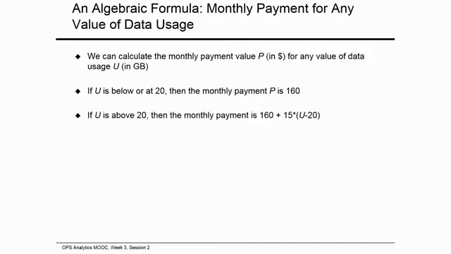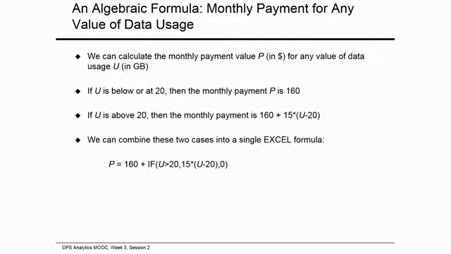If U is above 20, then the monthly payment is 160 plus 15 times (U minus 20). In other words, an extra payment of $15 for every gigabyte above 20.